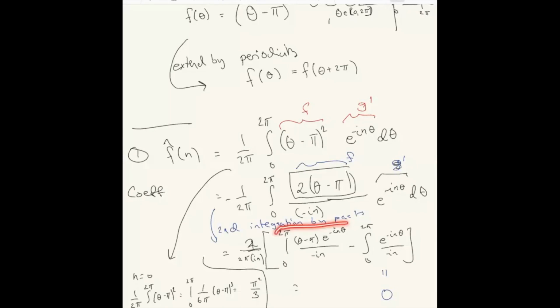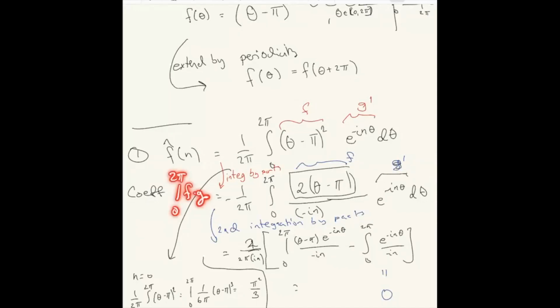What about this term here? If I was careful in the first integration by parts, there should be a boundary term here as well. There should be a substitution from 0 to 2 pi of f times g.